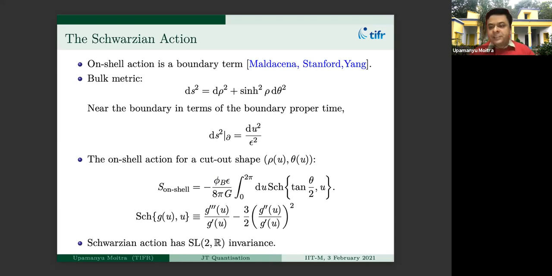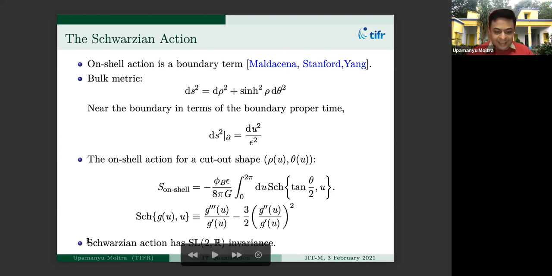One interesting thing to mention about the Schwarzian action is that it has an SL(2,R) invariance. In other words, if you have one particular Schwarzian corresponding to some function g of u, then an equivalent Schwarzian would be a g(u) plus b over c g(u) plus d, where the determinant is 1, ad minus bc is 1, and so on.